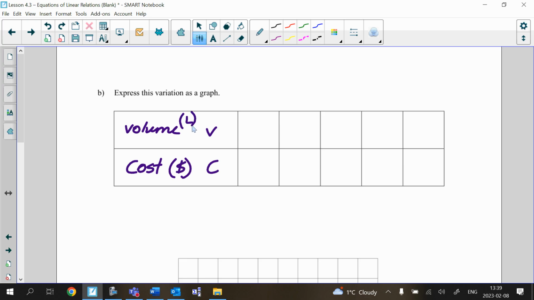But notice we're not given the information this time. We have to come up with numbers. So really, there's no incorrect answer here. It's always a good idea to put 0, because then the cost is 0, because it's a direct variation.